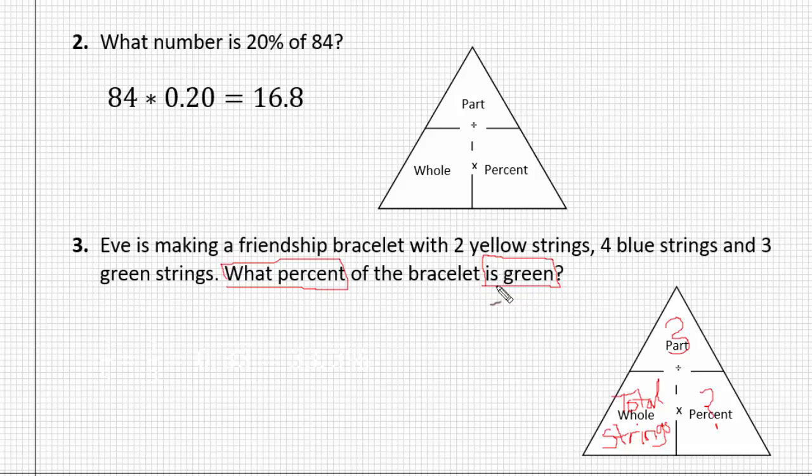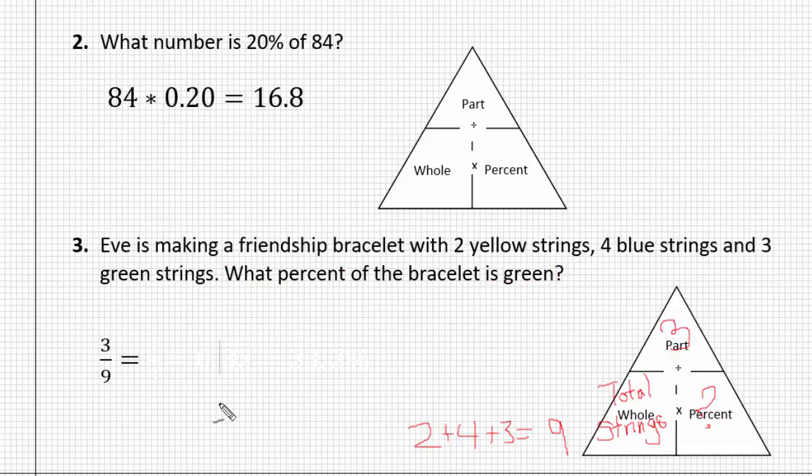And then is green, so again using that keyword, is tells us the part, and I looked back at the question and there are 3 green strings, so I put 3 in the section for the part. So, if we can figure out the total number of strings, we have our work all set up for us. So let's go ahead, pause the video here, do our calculations, and check back.